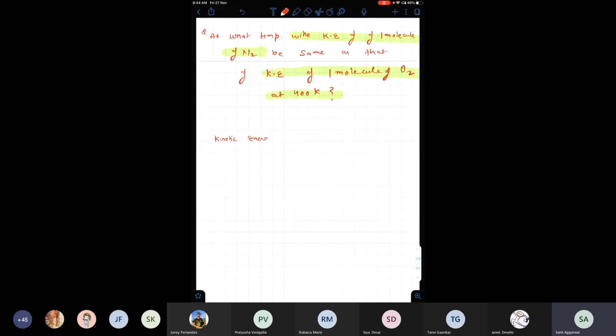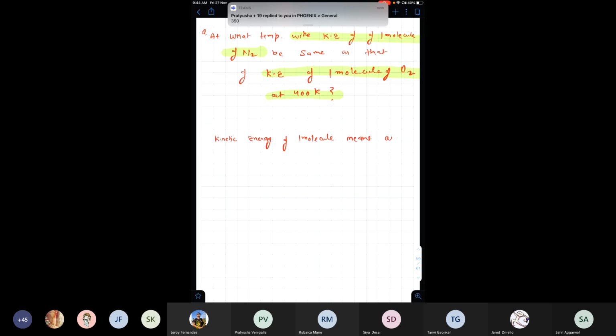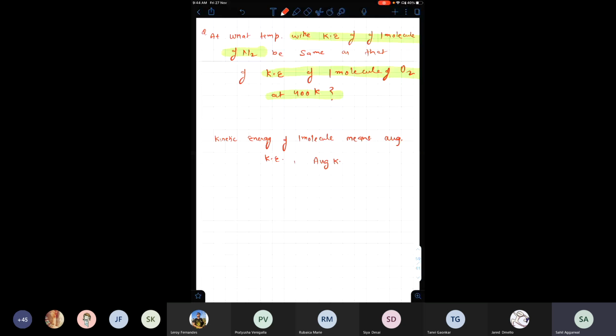Kinetic energy of one molecule depends on temperature.